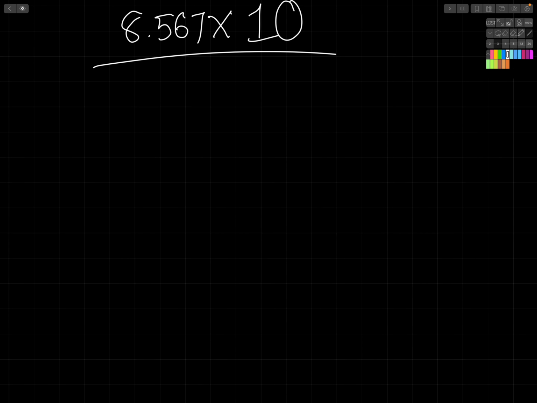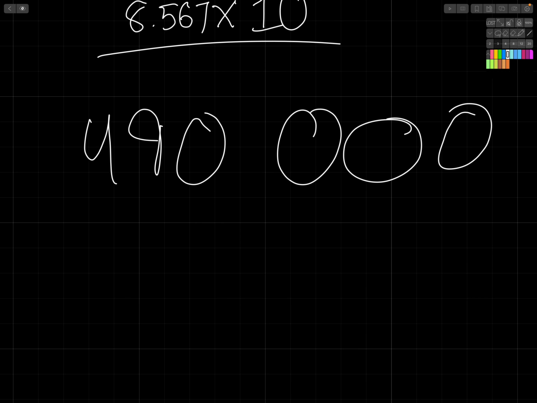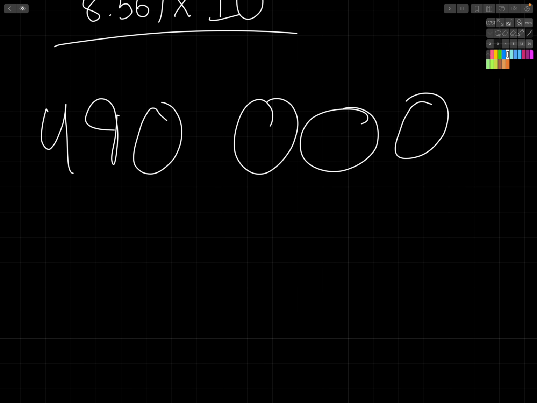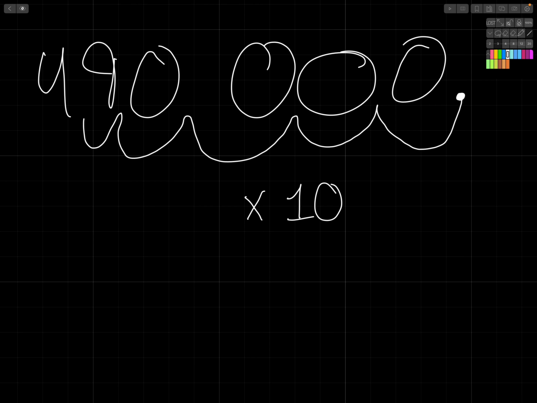And then if we had 490,000, we see there's no decimal place, so we automatically assume there's a decimal place on the far right of the number. Do the times 10, and then to find the exponent, we first count the decimal places. 1, 2, 3, 4, 5.